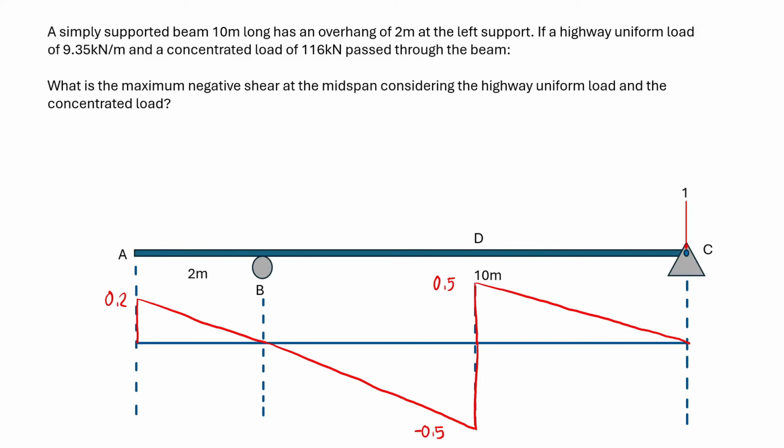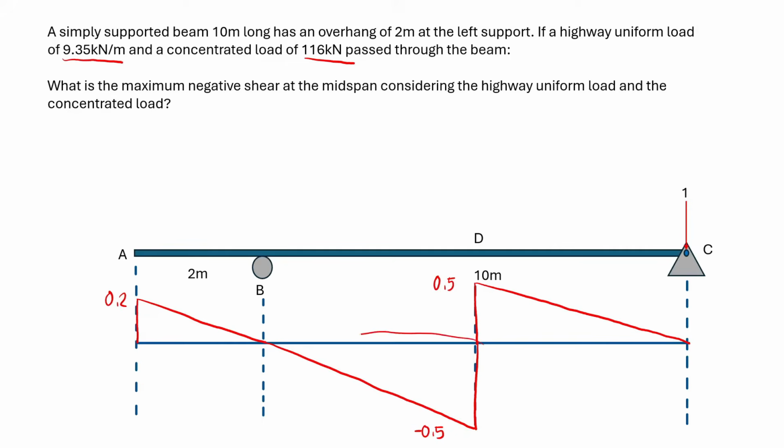Just as an additional input to make our discussion more holistic, let's say we are to find the maximum negative shear at the midspan, considering the highway uniform load and the concentrated load. This is our highway uniform load, while this is our concentrated load. To compute the maximum negative shear at the midspan, we'll consider this portion because we want the negative shear.